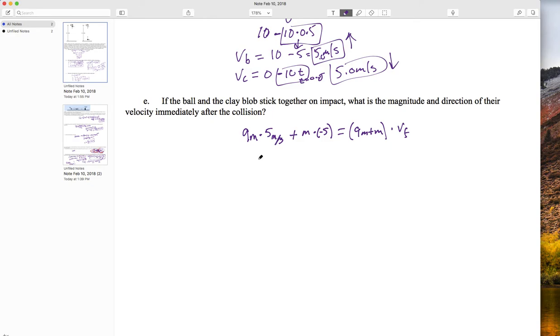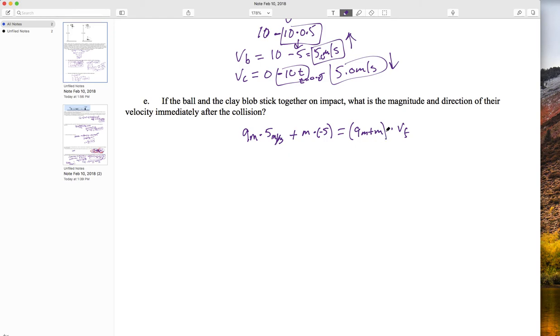Well, let's try to figure this out a little bit. If I plug these values in, let's try to do this algebraically really quickly.